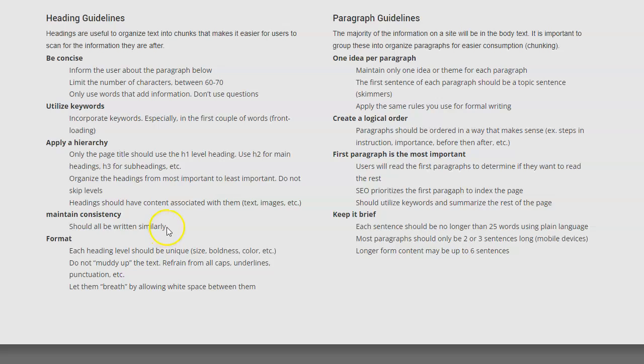Maintain consistency. You want all of your headings to be written the same way. What that means is, if you're doing instructions, they should all be written to look similar: do this, and then next you're going to do this, and then you're going to do this. You don't want to write one like, "I really like spaghetti," and then the next one is, "There's a dog over there."